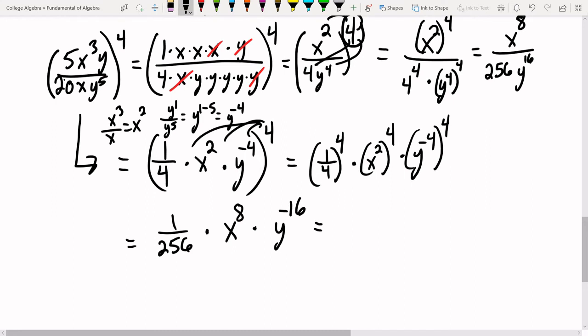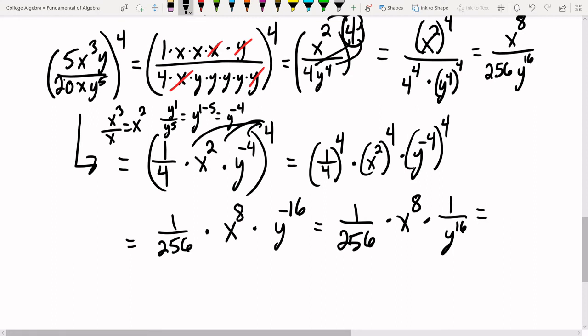Now, typically, problems will ask for no negative exponents. That's because negative exponents are harder to work with than positive exponents. So we want to get rid of negative exponents by either moving them to the numerator or denominator using the negative exponent rule, which just flips it. We have 1 over 256 times x to the 8th times 1 over y to the 16th.